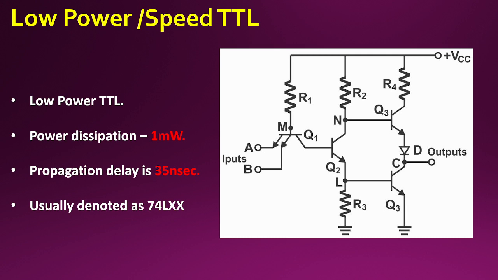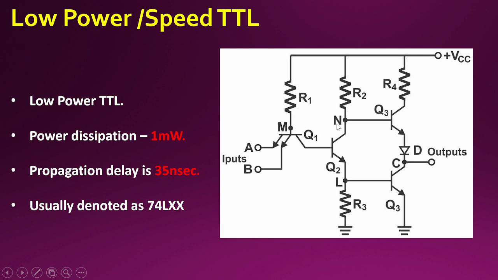Now let us have a look at the low power TTL. In low power TTL, the values of resistors were increased in order to reduce the power consumption. But when we increase the internal resistor values, the stray capacitance and the resistor together form a time constant which increases the charging and discharging time inside the circuit.